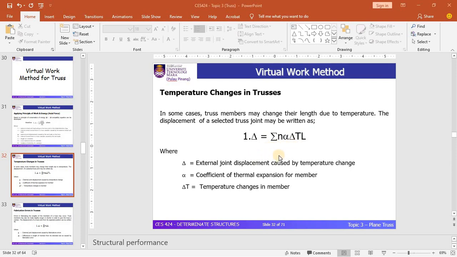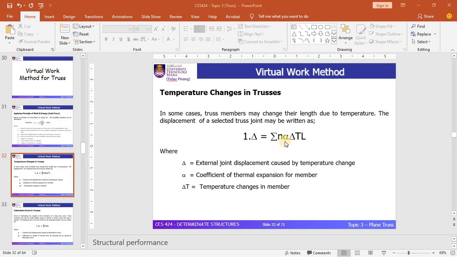The equation is given by the summation of n alpha delta T L. The n refers to the axial forces in the virtual system diagram. Alpha is the coefficient of thermal expansion for the member, and delta T is the temperature change in the member, while L is, as usual, the length of a member. Again, you need to take into account the entire total length that is affected by the temperature change.